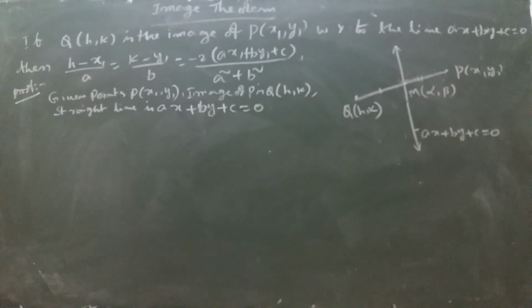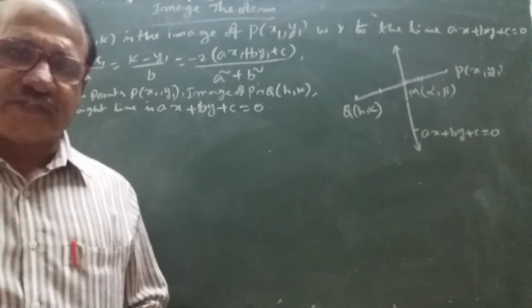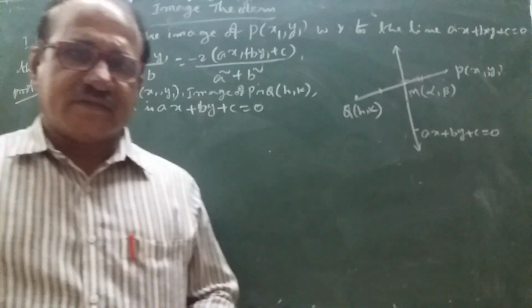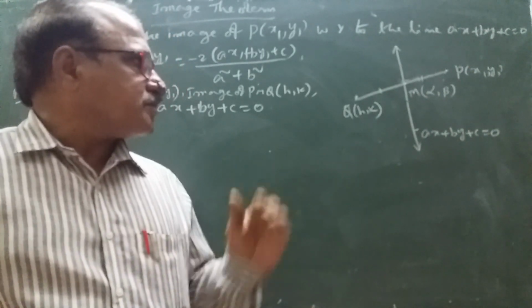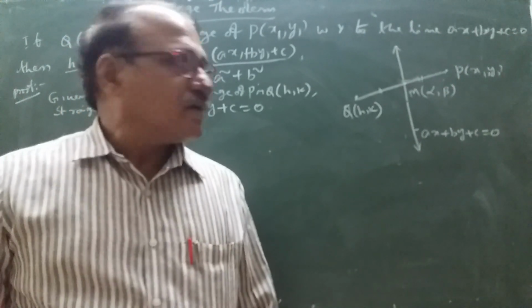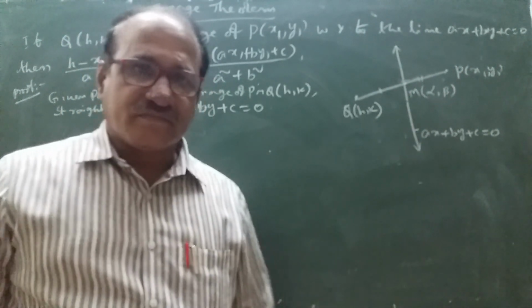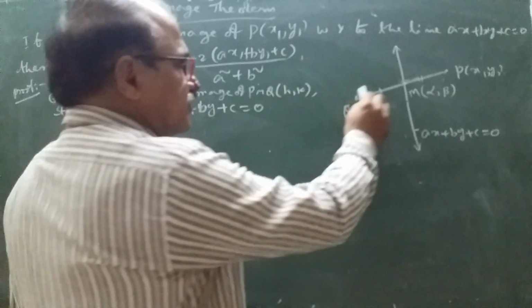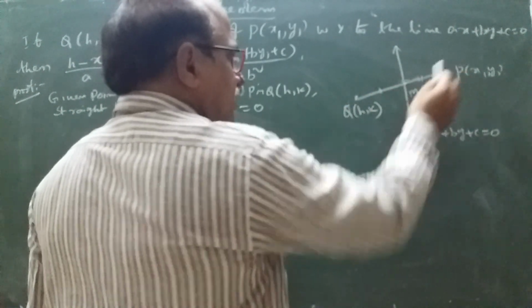That implies M is the midpoint of PQ. You know that for the image, if we turn at M, P and Q coincide, so the distance QM is equal to MP.